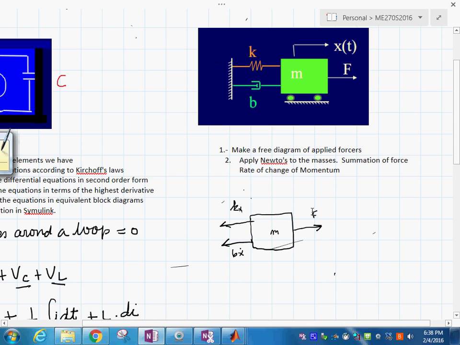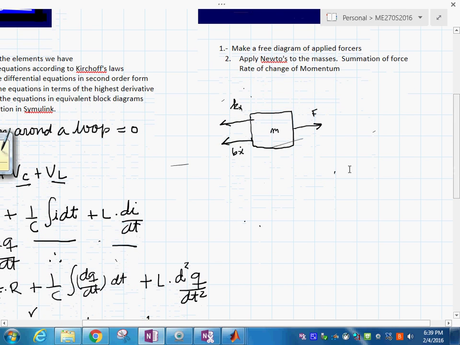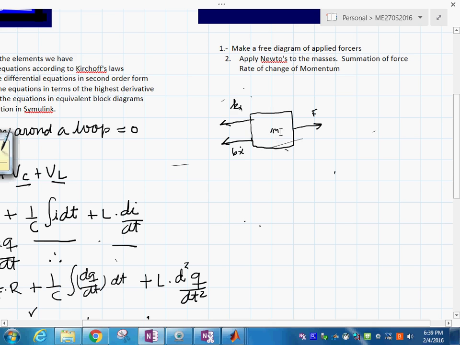Having this diagram allows us to apply the summation of forces equals mass times acceleration. So this would be F minus k times x minus b times x dot is equal to m x double dot, like this.